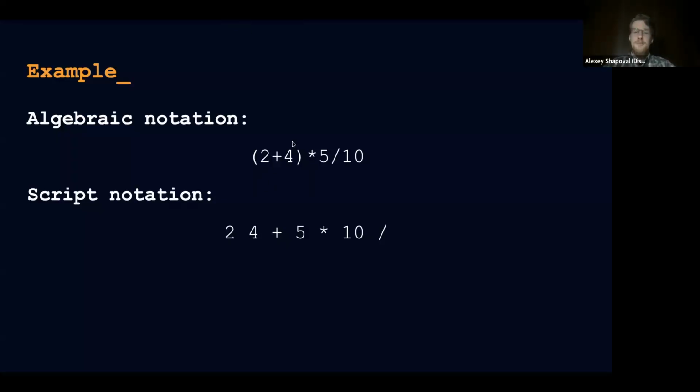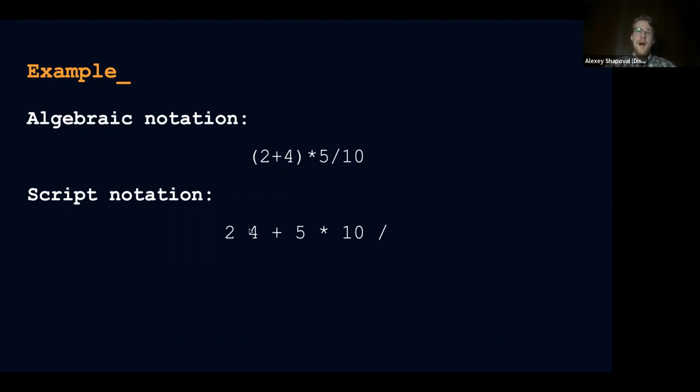So in algebraic notation, we have the operations in the brackets first. 2 + 4 goes first. Then we go simply from left to right, so we multiply the result by 5 and then divide it by 10. When we move to this stack-based notation, this Bitcoin script notation, what happens is that we take the number 2 and put it in the stack, we take the number 4 and put it in the stack, and then comes the operator.